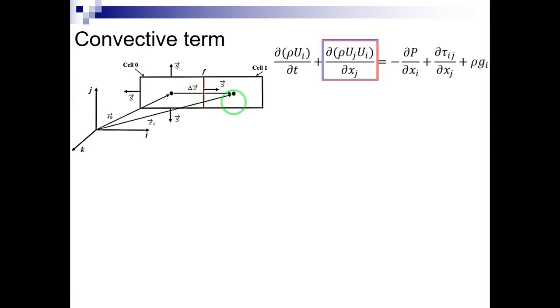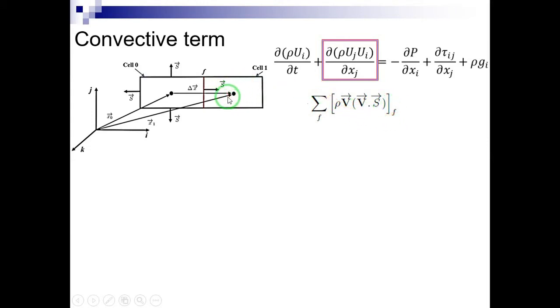The convection term in an integral form can be written like this. Okay, here it shows the convective flux among all the cell faces. Sigma in fact indicates the summation, right? This summation is performed over all the faces.